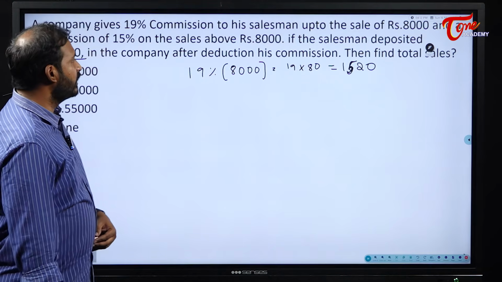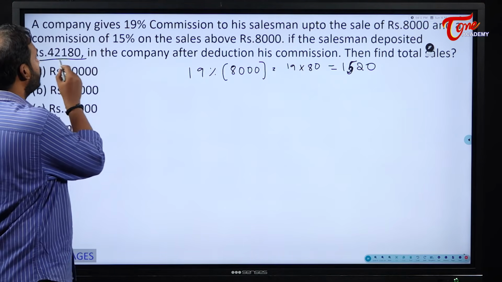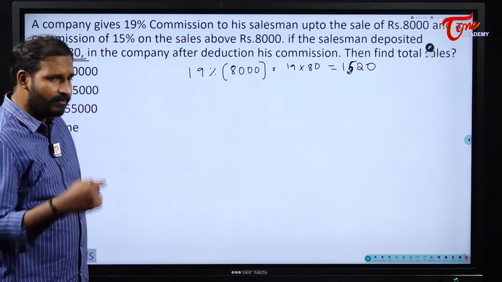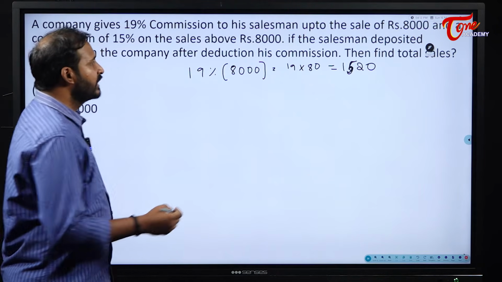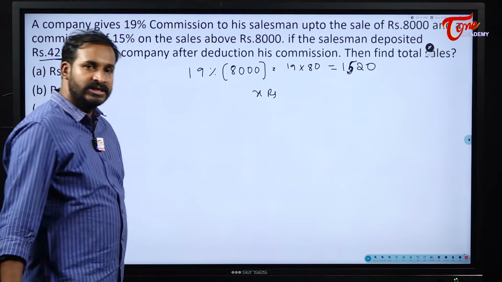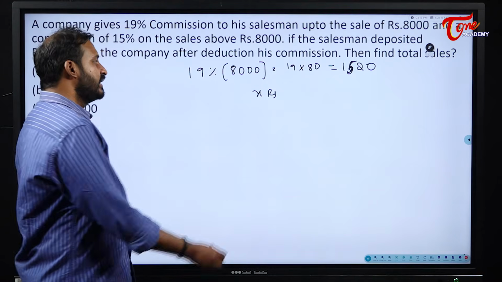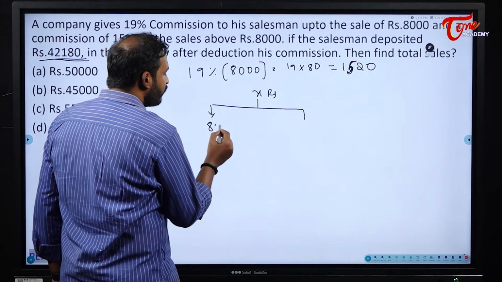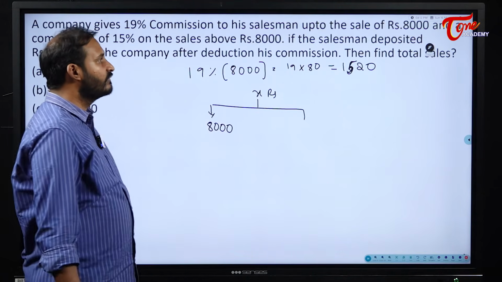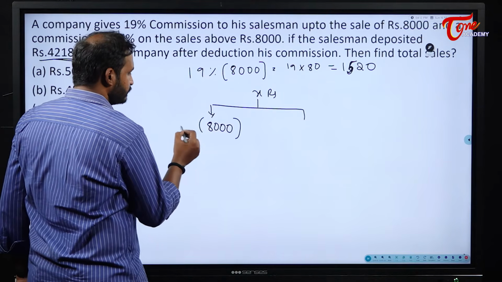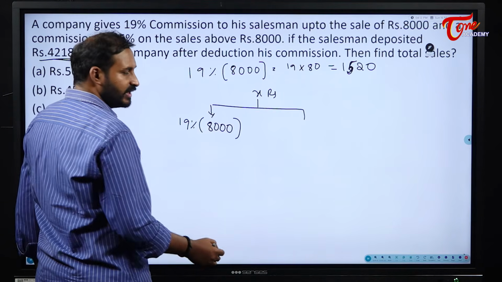15%. Okay, the salesman deposited 42,180 in the company after deducting his commission. For example, assume that his total sales is some X rupees. In that sales, up to 8,000 he will get a commission of 19%, which we just calculated.